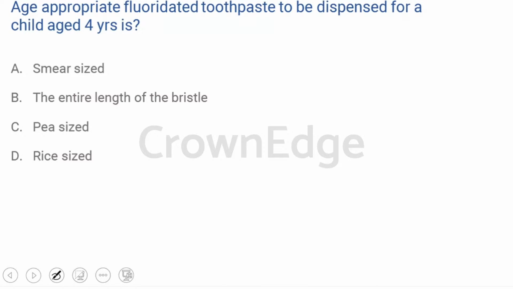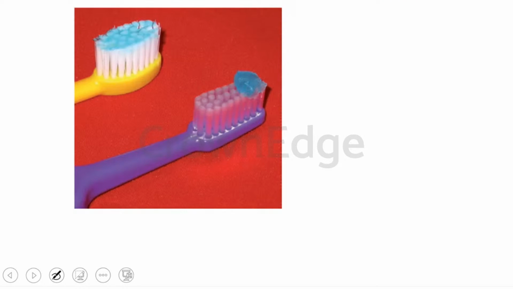Okay. So now this question is dealing with a child who's aged 4 years. So for a child between 3 to 7 years, a pea-sized amount is recommended. Okay. So your answer for this particular question is option C. So this picture here actually shows you the difference between the pea size and the rice size.